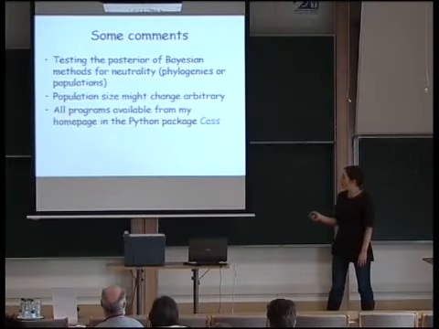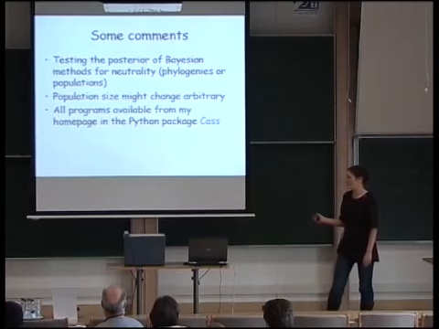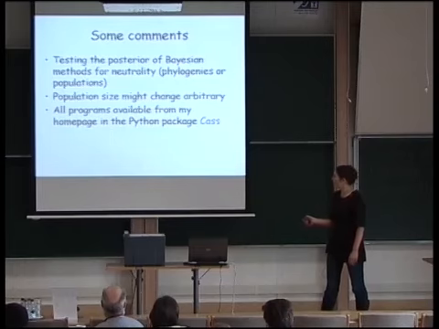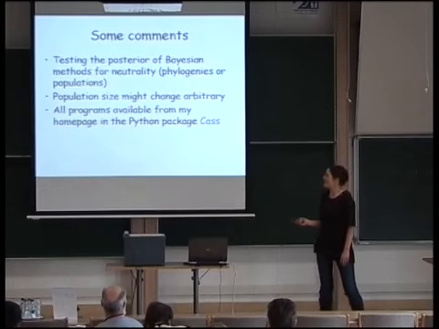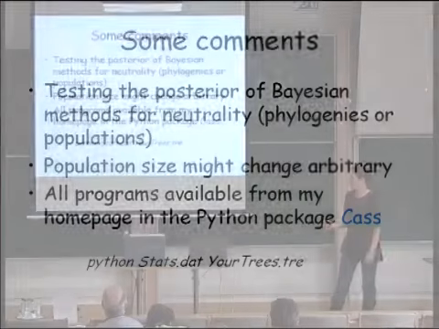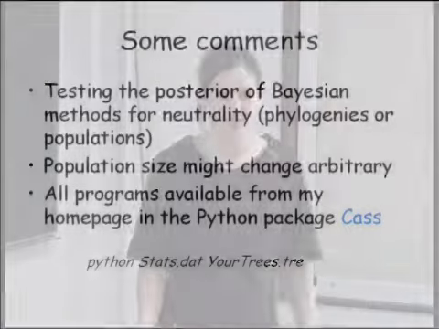And all those programs are available at my homepage, and they're coded up in a Python package called CAS. This has some more features, which are documented in a README, and we just called it CAS because that was on this nice CAS workshop, and we couldn't think of a better name. And just to show you that it's really easy to use those programs, because I'm normally always scared when I see new packages and think, oh, maybe it's hard to get them to run.